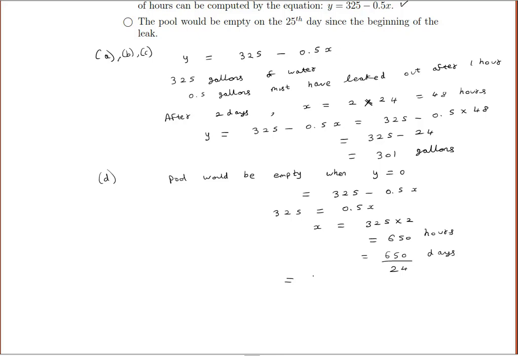We can see that this is 648 by 24 plus 2 by 24, because 648 is nothing but 27 times 24. So we get 27 plus 2 by 24, which is 1 by 12 days.